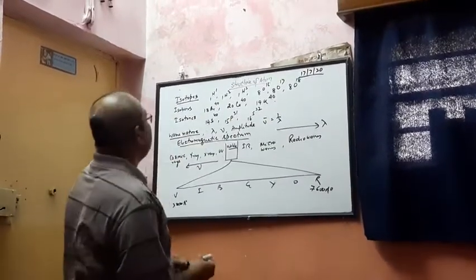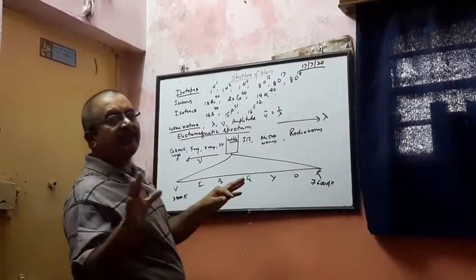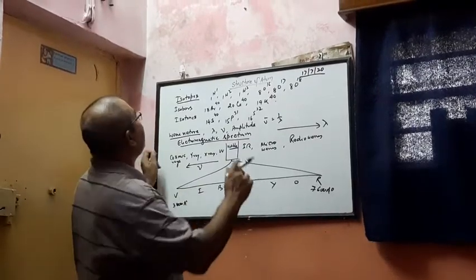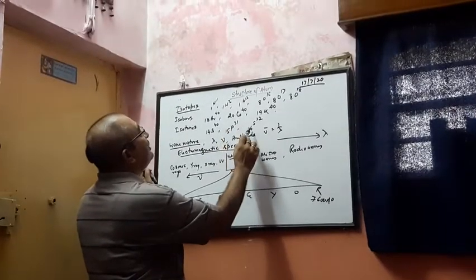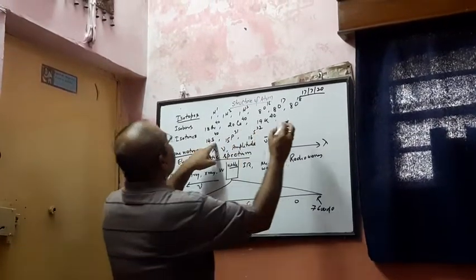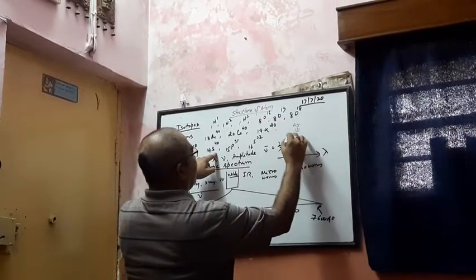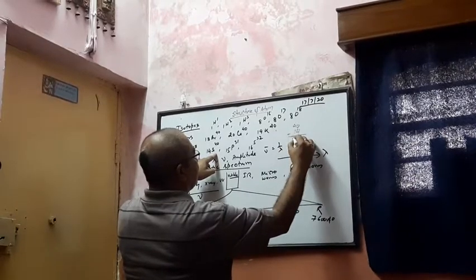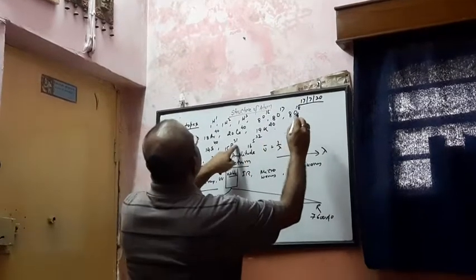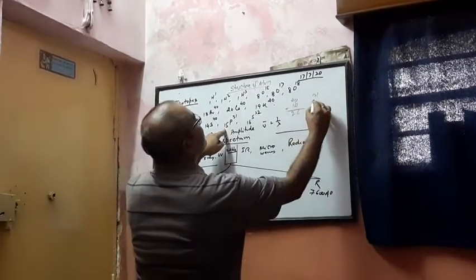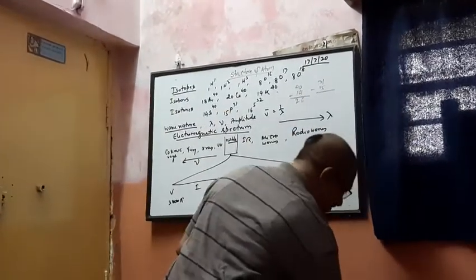Now isotones. In the case of isotones, what do we see? Isotones are the species which have the same number of neutrons. Take 14 silicon 40, 15 phosphorus 31, 16 sulfur 32. Now check it here. 40 minus 14 is 26. Now in this case 31 minus 15, again 26.